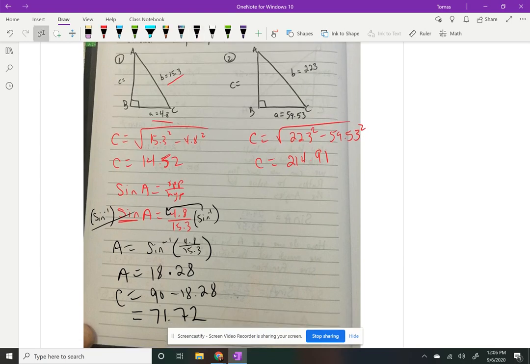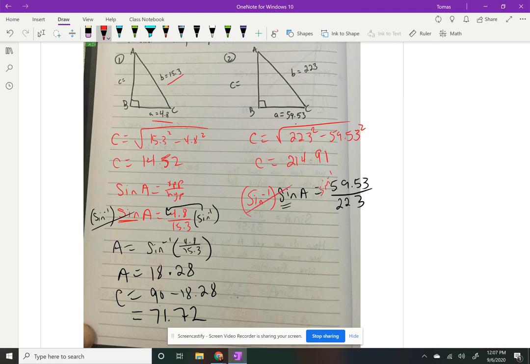Okay. So number two, we're going to do the same process, right? So we're going to have sine of A equals opposite, which is 59.53, over hypotenuse, 223. Okay. We want to get rid of this sine. So what do we do? Sine inverse. These will cancel.